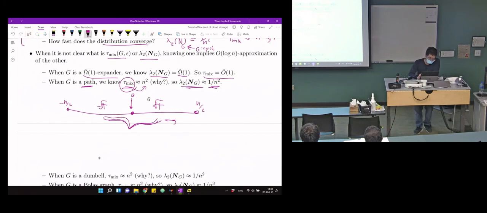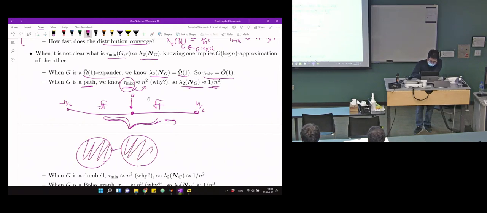How about the dumbbell graph? This is a clique, and this is a clique, and they are connected by one edge.